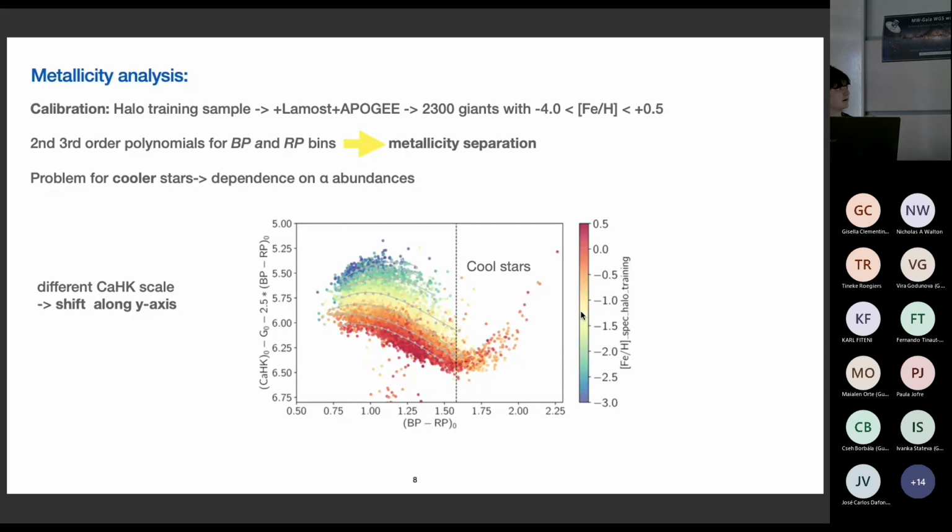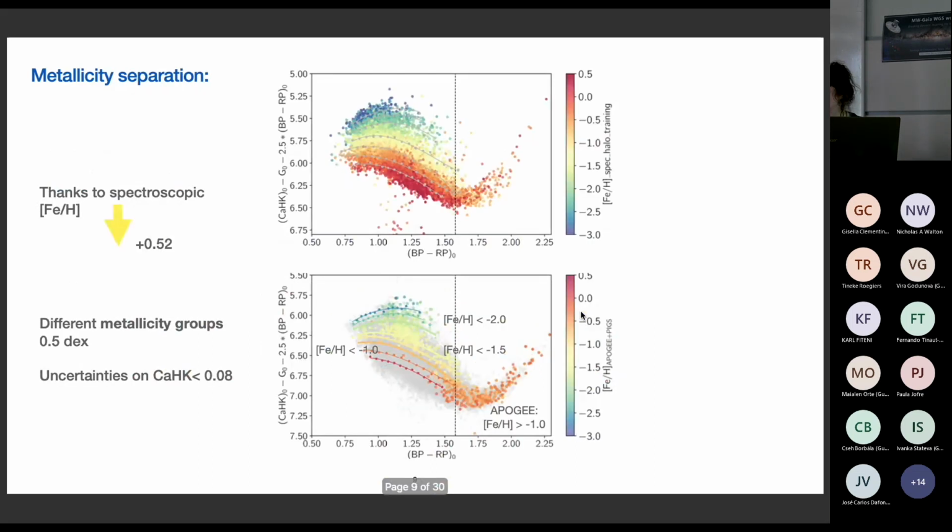However, this spectroscopic sample was calibrated on halo stars, and the halo sample and Sagittarius have different calibrations on the calcium H&K terms. Therefore, we needed to shift the values along the y-axis in order to be on the same scale as the Pristine photometry.